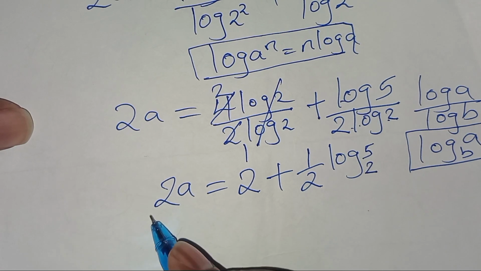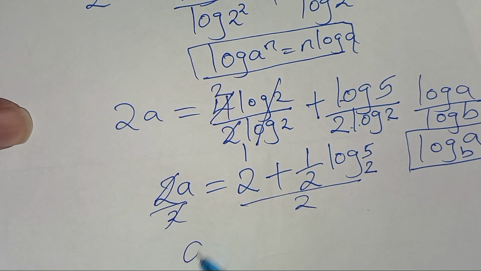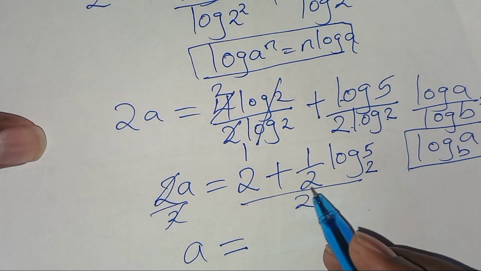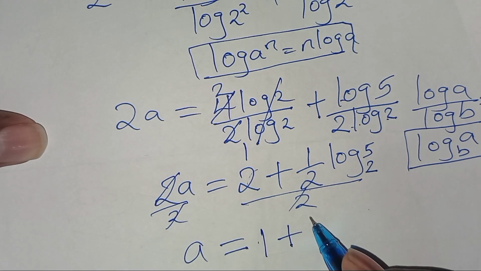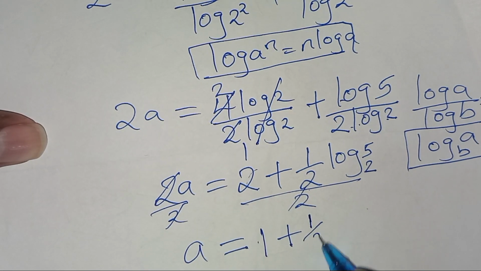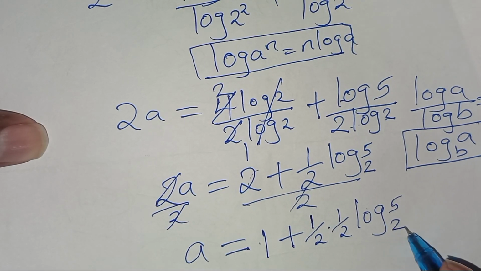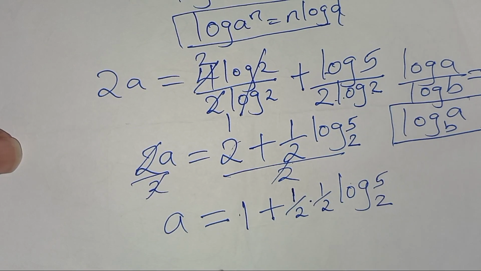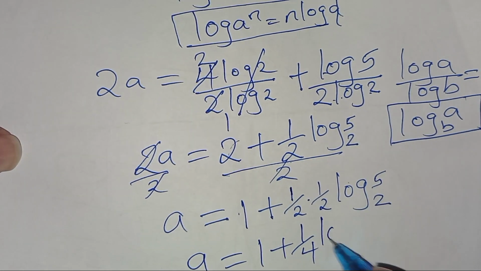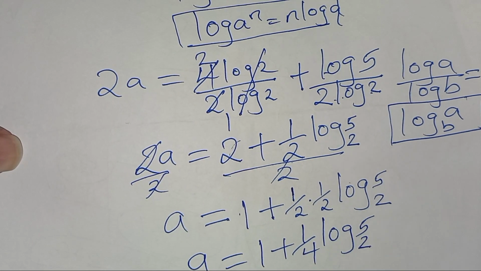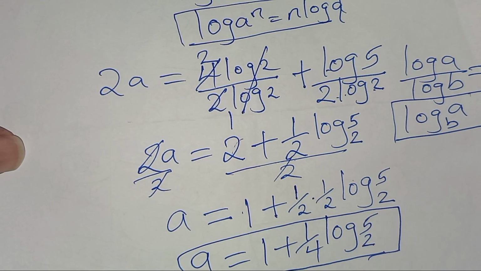So let's divide both sides by 2, so that we'll have a equal to 1 plus half multiplied by half log 5 to base 2. So now we have a as 1 plus 1 over 4 log 5 to base 2. This is the value of a.